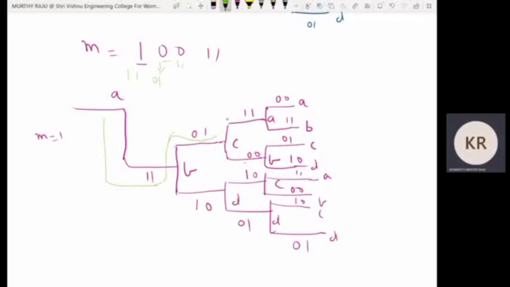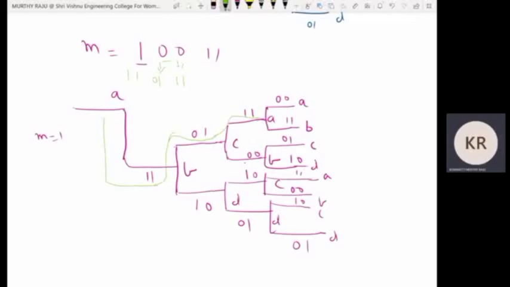The next bit is 0. Again upward direction, with output 1 1. Next bit is 1.